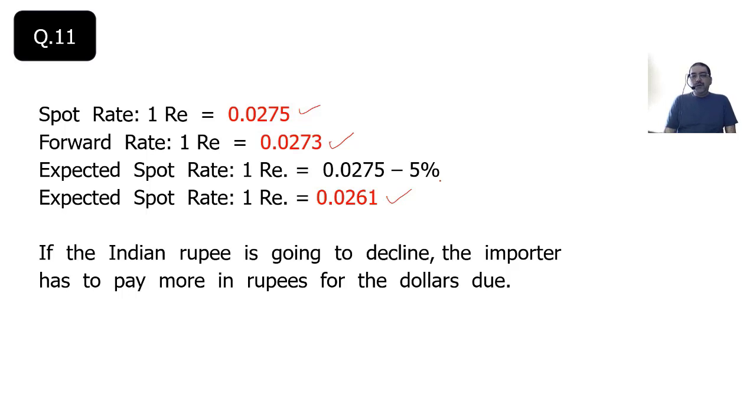Now, in these type of questions, I will tell you there is a particular method of solving. I will have to take 2 cases. If hedging is not done, that means I don't take a forward cover, then in that case, I will compare spot rate with expected spot rate. No forward cover, so forward rate is not going to come.